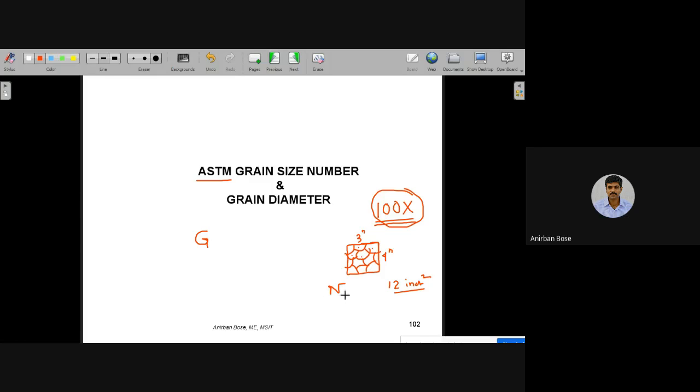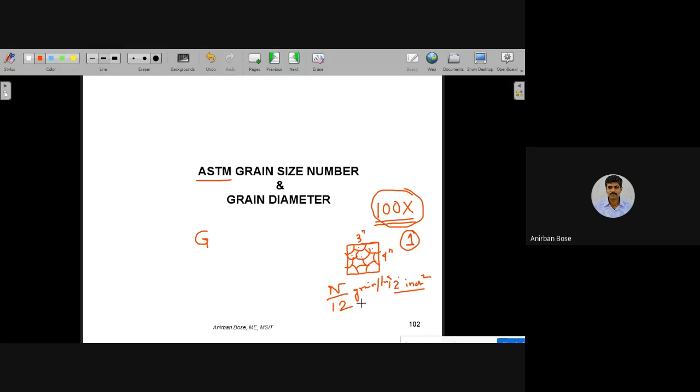Then in 1 square inch, how many grains are present? Because in 12 inch square there are capital N grains, in 1 inch square there is N divided by 12 grains per inch square.